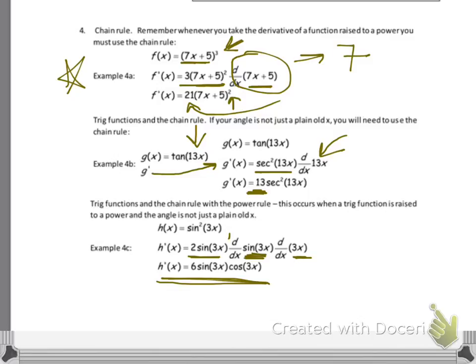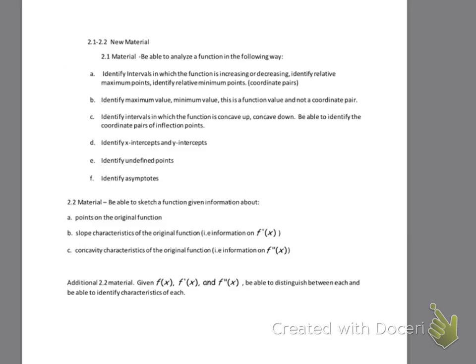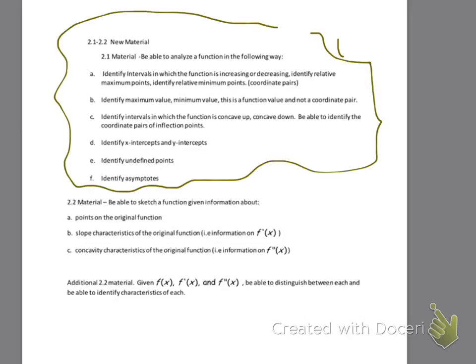Now I have one page of new stuff. That's just 2-1 and 2-2. Okay, for this quiz, remember how we started off just analyzing our functions. So here is how we analyzed them. Remember I said that the first three, so A and B and C, were really the new material that we use calculus to analyze things.